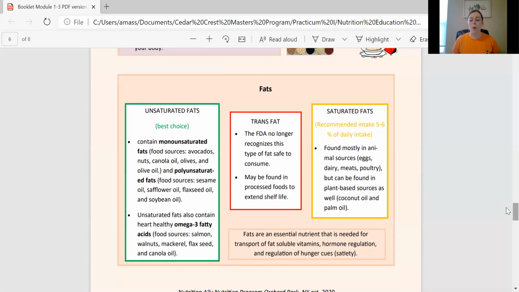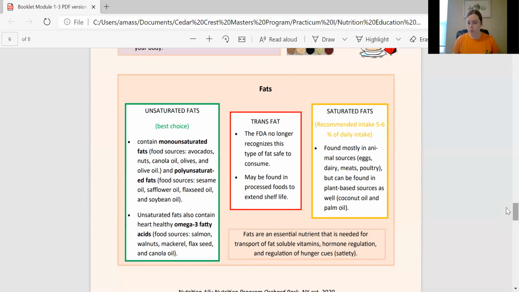They help increase your good cholesterol, decrease your bad cholesterol, lower your cholesterol in general. They're also good for brain development in kids, and they have all these other really great benefits, and they're found in things like salmon, mackerel, flaxseed, canola oil, walnuts. So that's where your monounsaturated fats are going to come from, in those omega-3s.